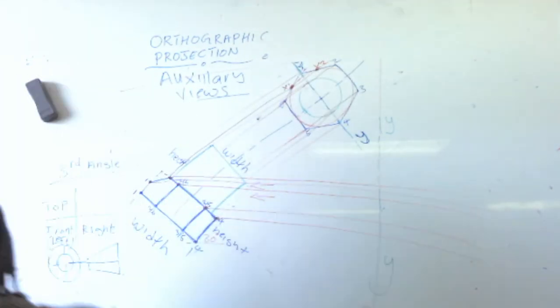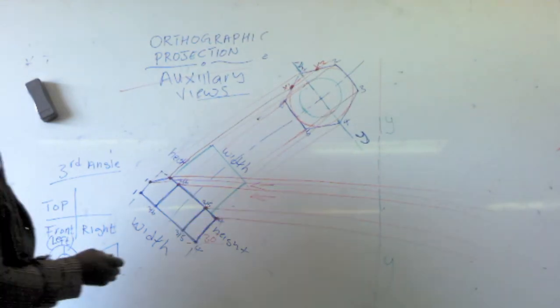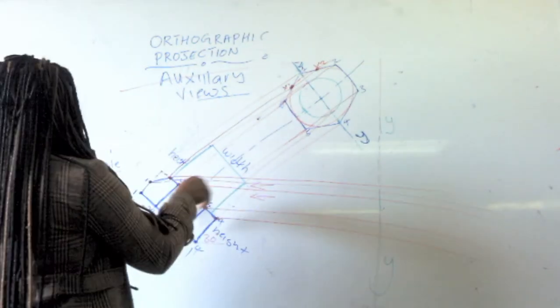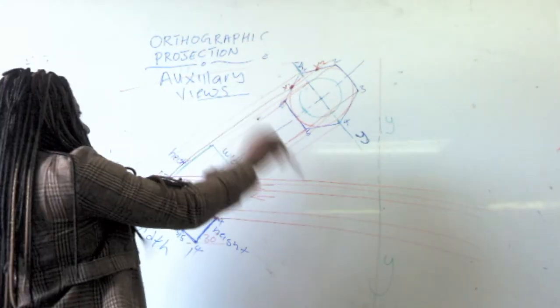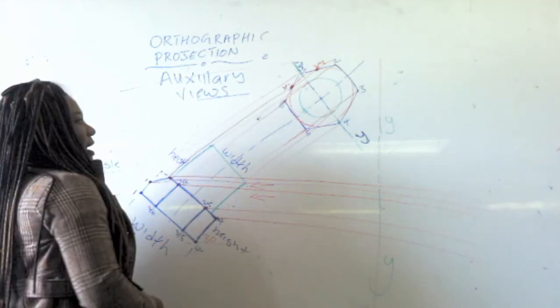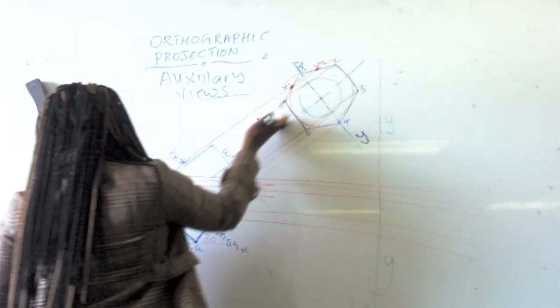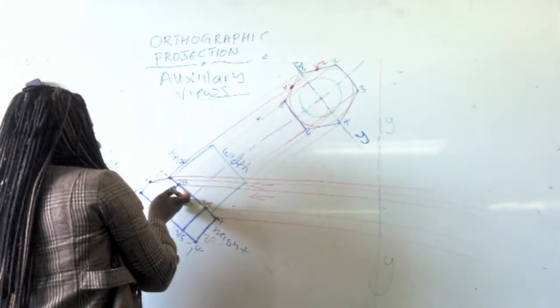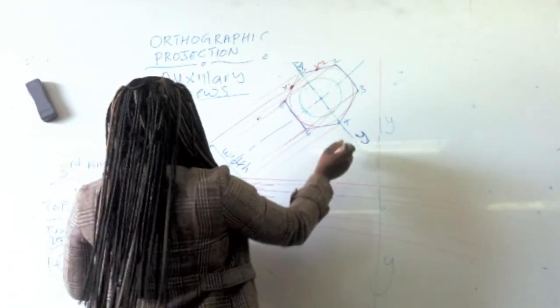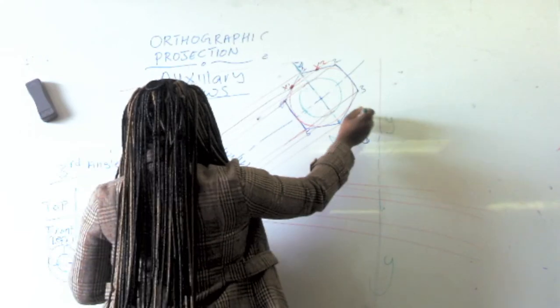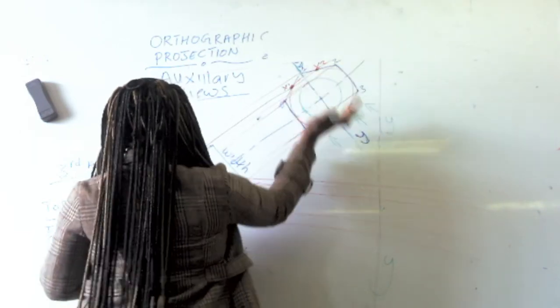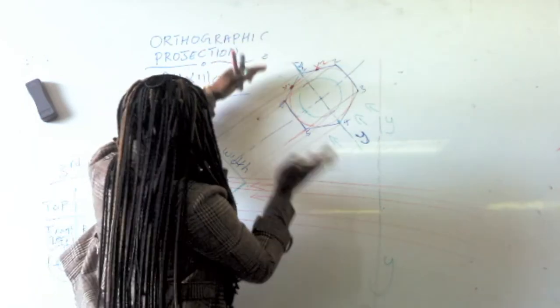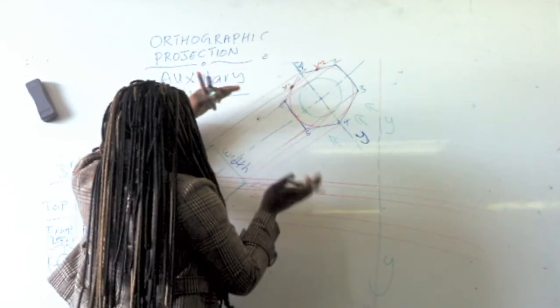And then what we do, when we are looking from the right hand side of this shape, when we go to the auxiliary view, the right hand side is the right hand side of this center line, not the Y line. You see this center line? Yes, ma'am. So right hand side, do you see that it's this side of this center? It's right, left. You stand like this, yes.